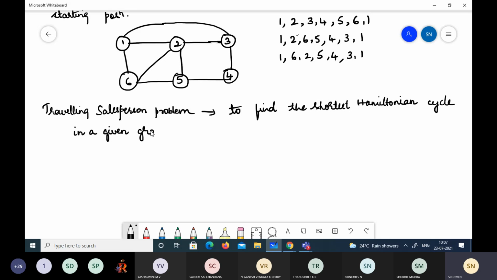Given any graph, finding the shortest Hamiltonian circuit or cycle is nothing but your traveling salesperson problem. Okay.